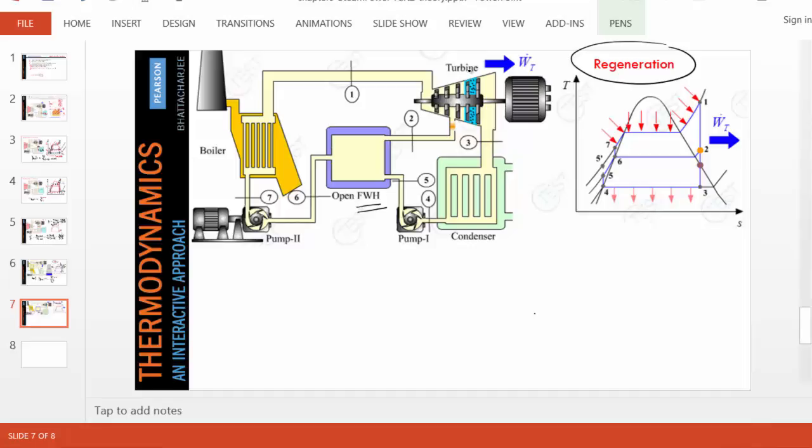Yes, the turbine will produce less work, but because the TH bar is going up, the thermal efficiency of the Rankine cycle goes up. As you can see from our Carnot analogy, TC bar doesn't change, but TH bar is going up, and as a result, the efficiency of the Rankine cycle will go up because of regeneration.